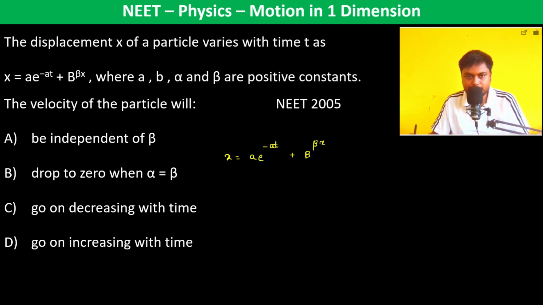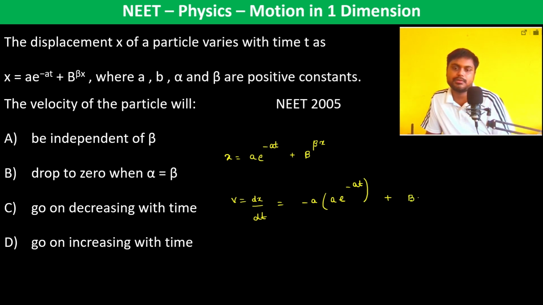The velocity of the particle will be, so v is equal to dx by dt, which is minus a into a to the power a e to the power minus at plus b to the power beta x into ln b.